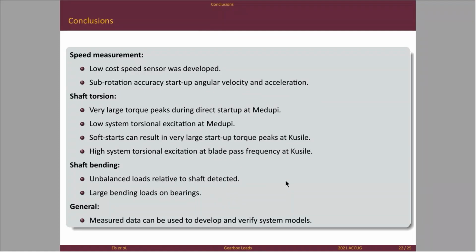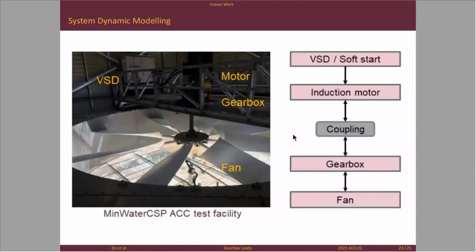And this system is part of... let me just get to the next one. We are working on a system dynamic model, basically for Hansen, where we look at the full system. My colleague that's going to talk after me is going to tell you a lot more about this facility at Stellenbosch. But we are looking at the system simulation, especially for gearbox loads.